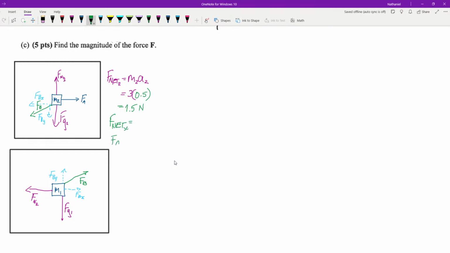Okay, and the Fnet here is going to be purely horizontal, so it's only going to be in the x, and the Fnet y is going to be equal to 1.5 newtons. Right? That's what we can kind of draw from our diagram. This thing is not, oh, whoa, the other way around.